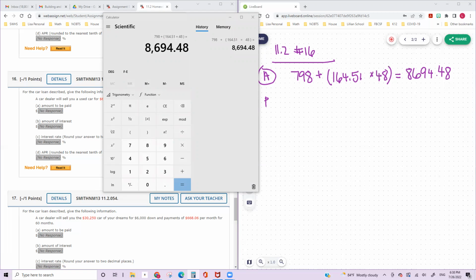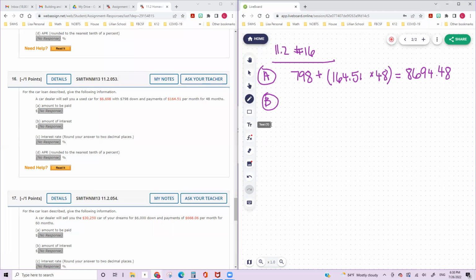Okay, now on part B, they're asking for the amount of interest. They are using a formula in this particular part that basically says the total equals the principal plus the interest.